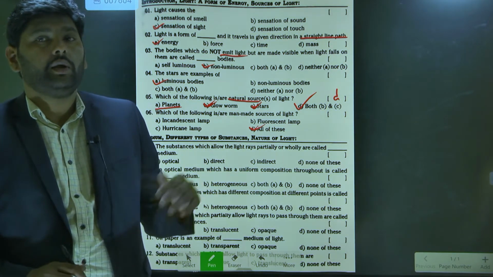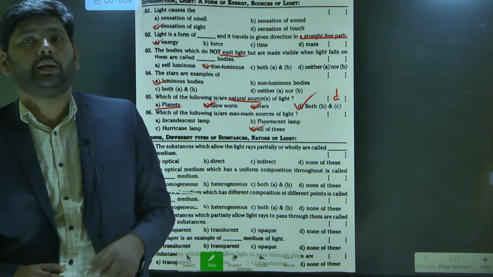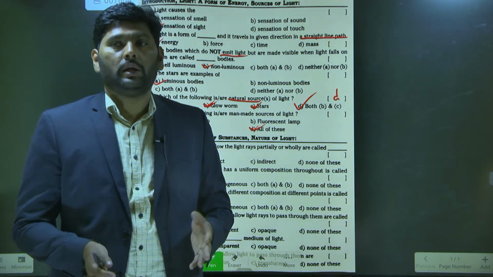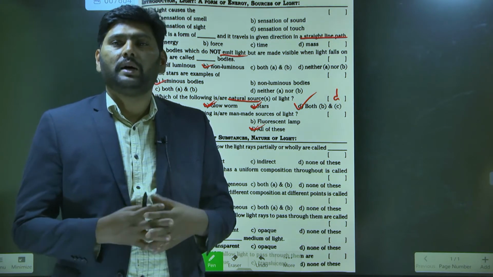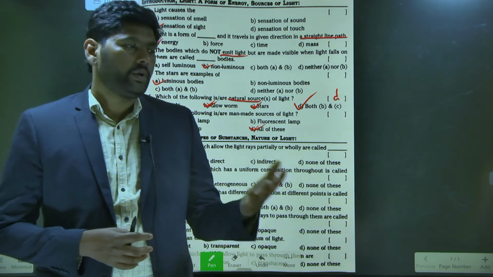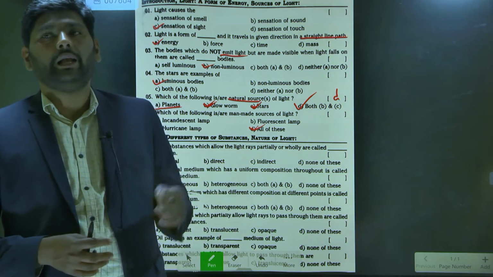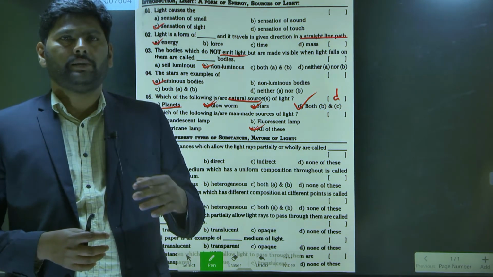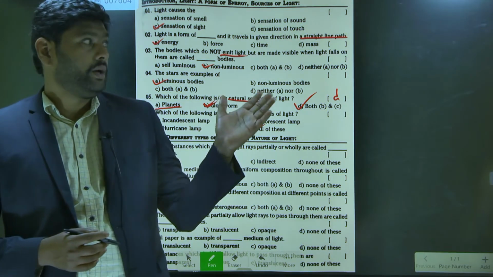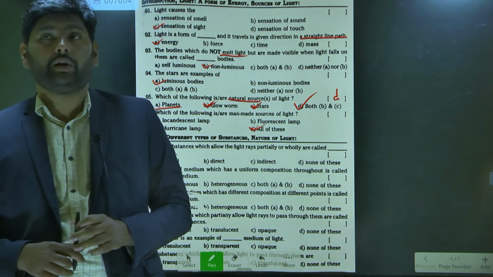Next, what is translucent? Translucent means the substances or mediums that allow the light rays partially are called translucent. Examples are ground glass, oil paper, sometimes polythene papers also are examples for translucent.